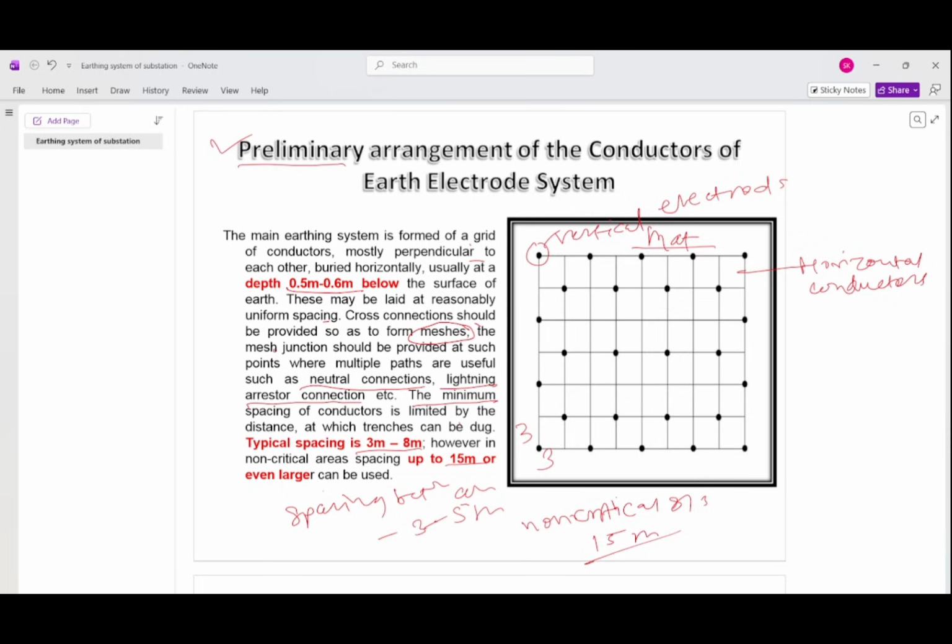So meshes at this mesh junction, this is a very important point.